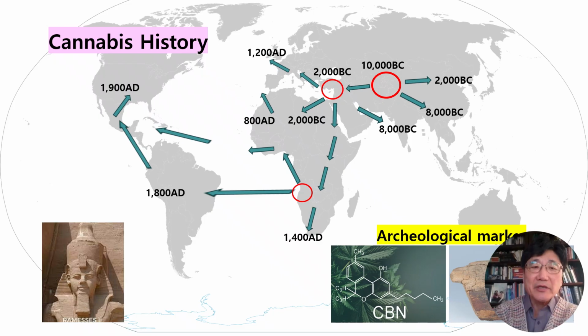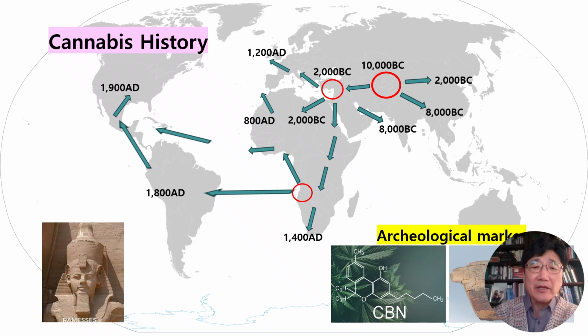It's thought to have originated in Central Asia, for example, Afghanistan, Kazakhstan, and southern Siberia. From these areas, it has spread to the east and the west. From its origins, domesticated cannabis spread to China, the Middle East, Eastern Europe, and India about 2000 to 8000 BC.